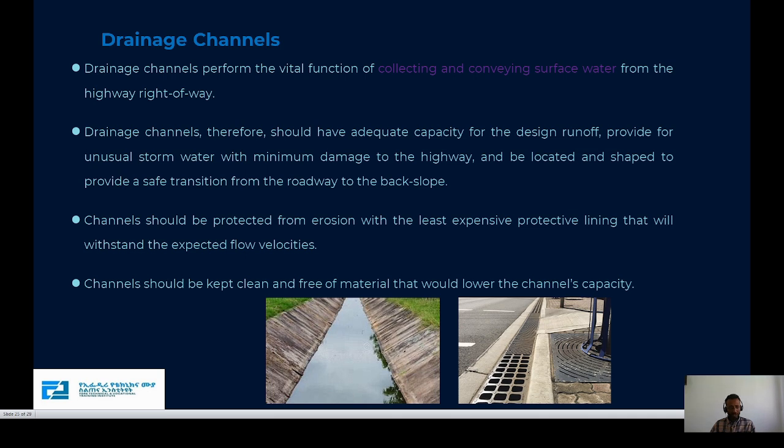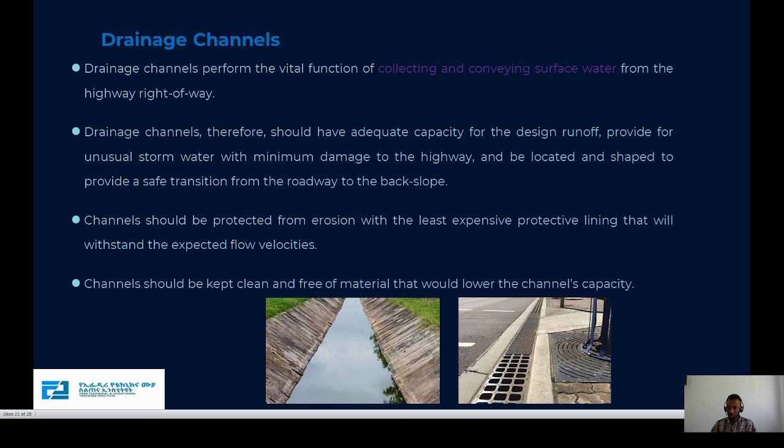And also after the shoulder there are drainage channels. Drainage channels are very important for controlling and conveying surface water from the right of way. These drainage channels should have adequate capacity for the design runoff, and carry unusual storm waters with minimum damage to the highway.